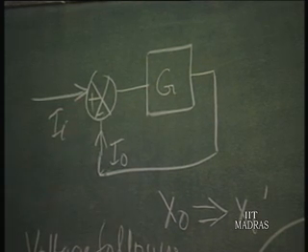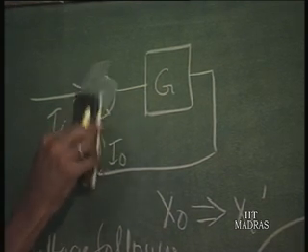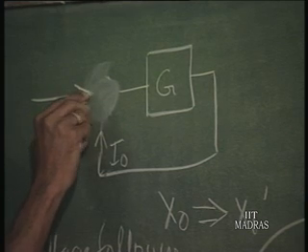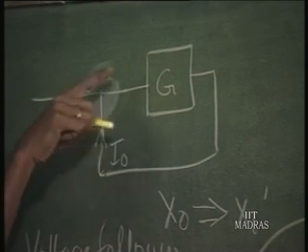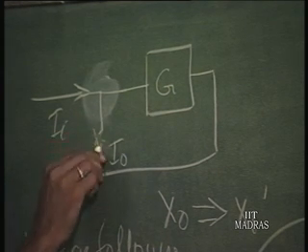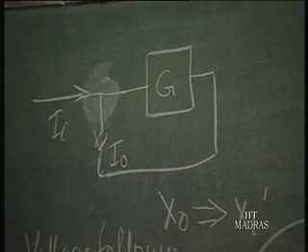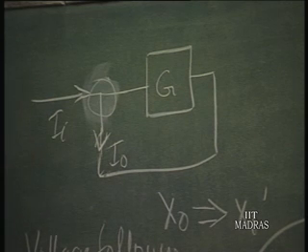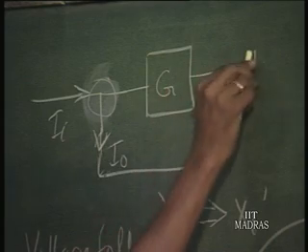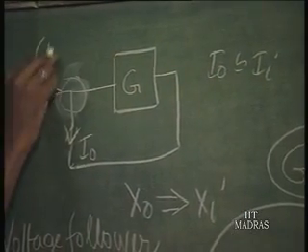This error detector in fact can be very easily done by just merging this into a node, because if the direction is changed, it will just give you Ii minus Io as the error output. So, if you change the direction of the current here, the error detector becomes just a node. This is a current amplifier, and therefore Io is going to be very nearly equal to Ii, and is therefore called a current follower.